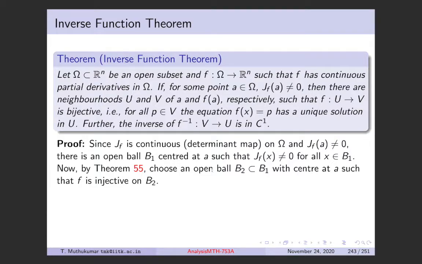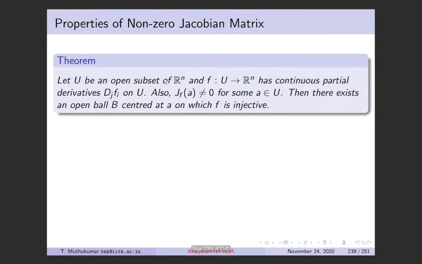Now we have already seen in the previous lecture a theorem which says that when you have a function such that J of A is non-zero for some A, then there is a ball on which the function is injective. The only condition required is continuous partial derivatives.